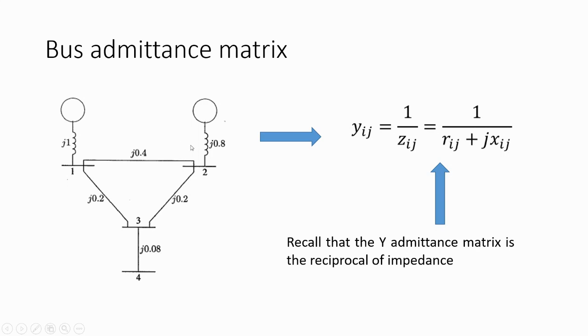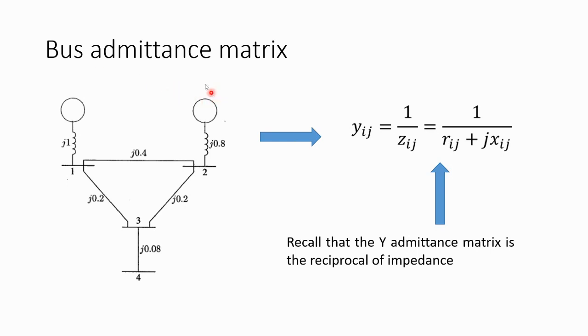We begin by looking into this simple 4-bus network, which we will use to derive its power flow equations, and which we can later use to form a generic power flow equation.